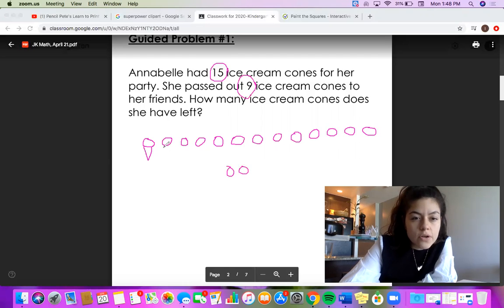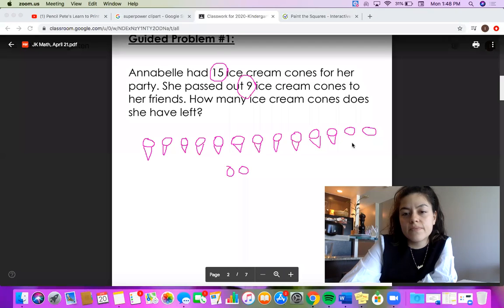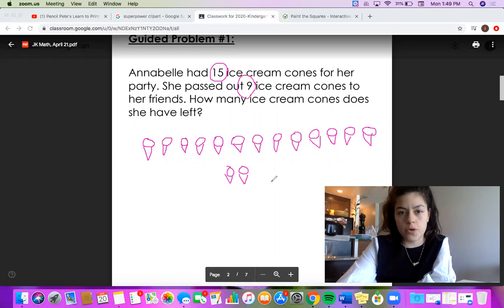Let me make them all into little cones. There are my little cones. They're not all the same, but that's okay. Okay, so now I actually see my 15 ice cream cones.